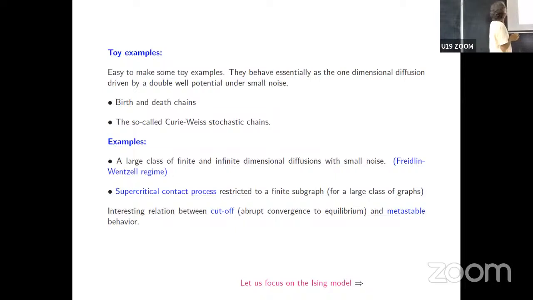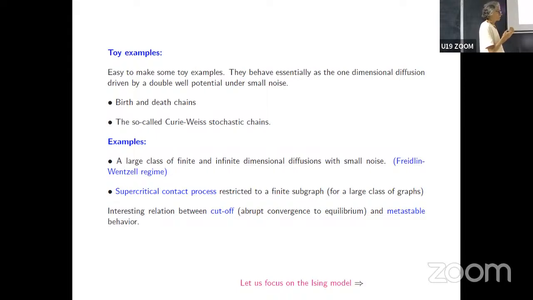And there are many examples. There are toy examples, which are very simple to deal with, like birth and death chains used suitably. The so-called Curie-Weiss stochastic chains, which is some simple model called mean field theory. There are also these other examples like that I mentioned before.